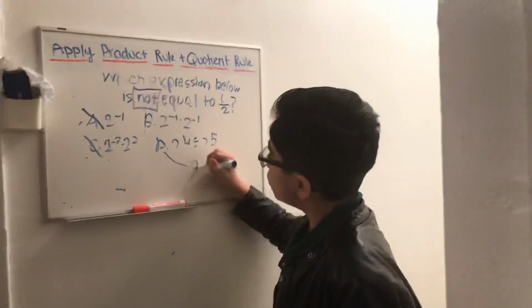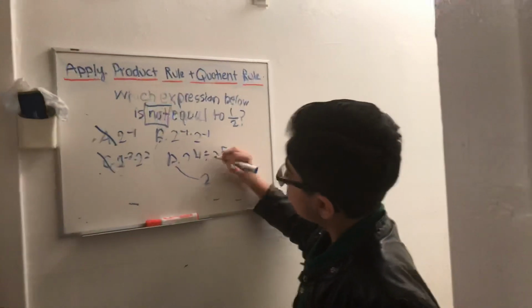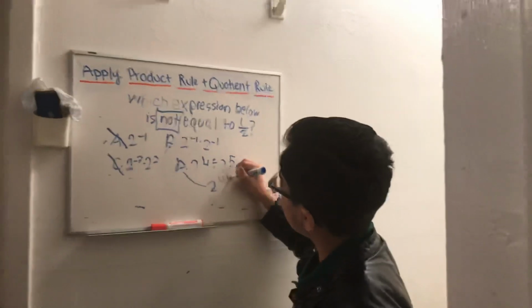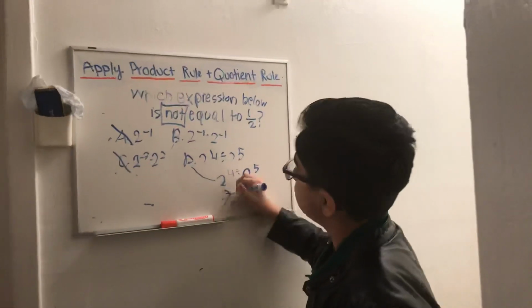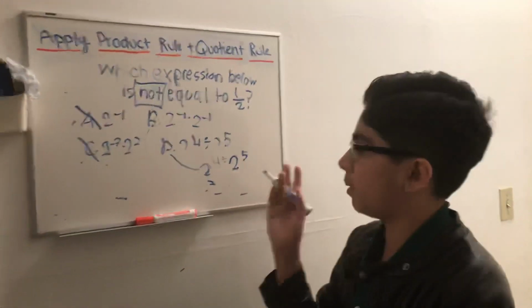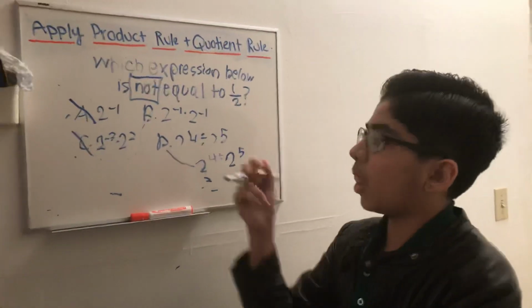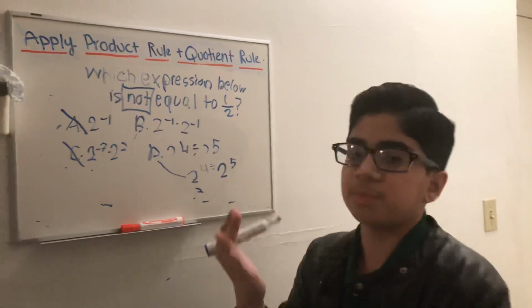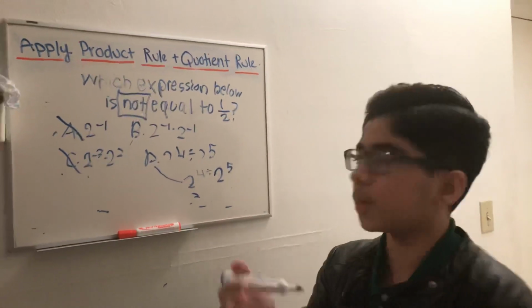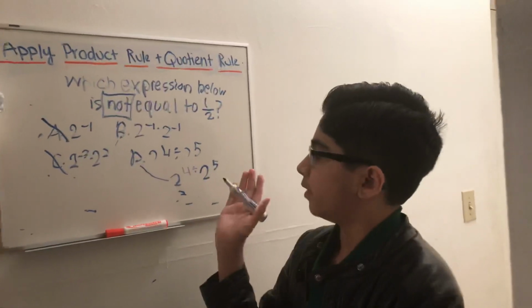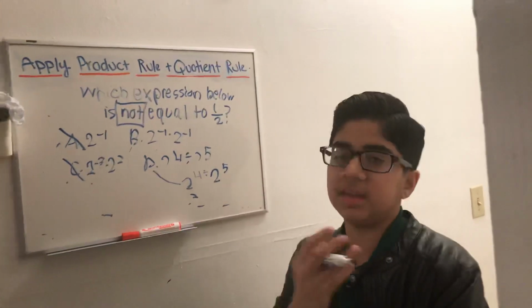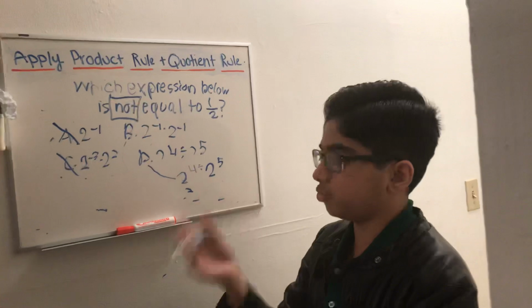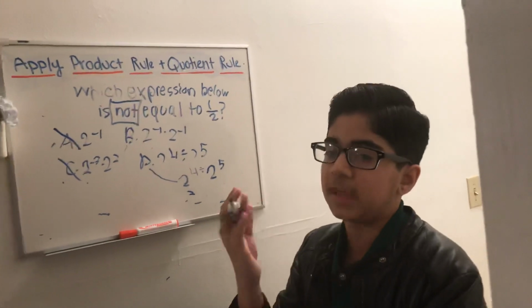It says 2 to the power of 4 divided by 2 to the power of 5. Now, unlike the previous processes that we've been performing, right here, you apply the quotient rule. And essentially, the quotient rule is when you subtract exponents when you have the same bases.